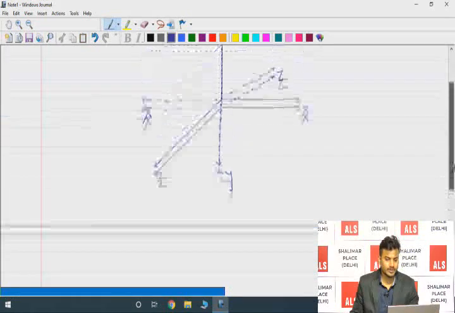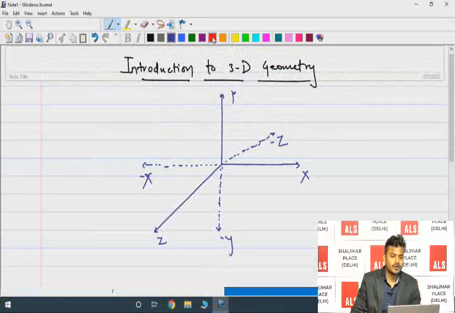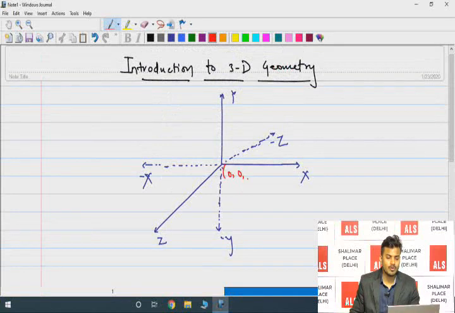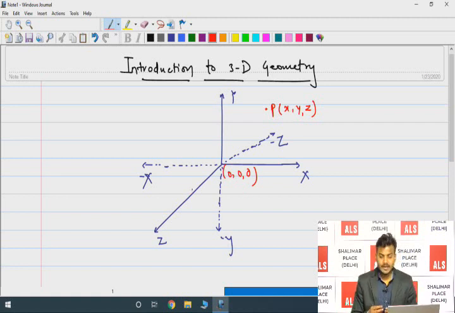Alright, here you see, this is your origin 0, 0, 0, as we have 3 coordinates X, Y and Z. So any point P in general, I would be writing X, Y, Z. Okay. Suppose this is the X axis, positive X axis, this is your Y positive, right?